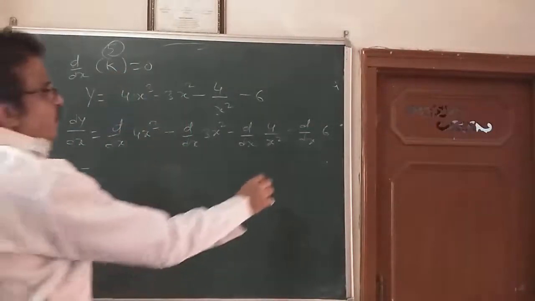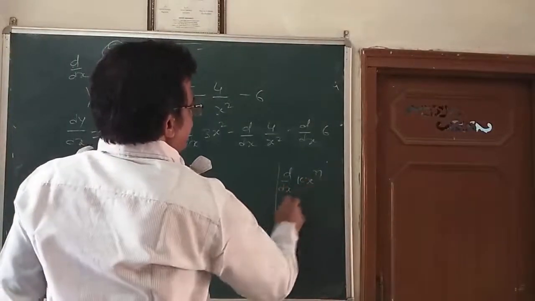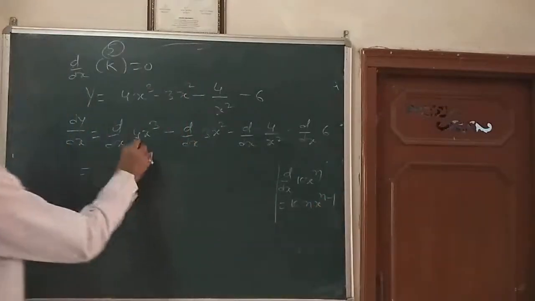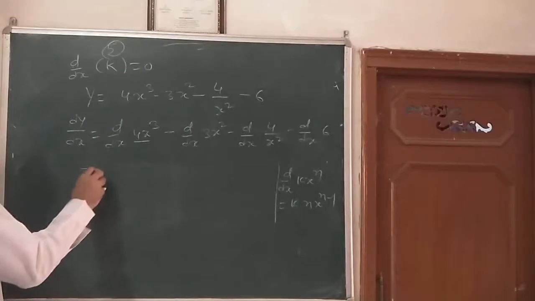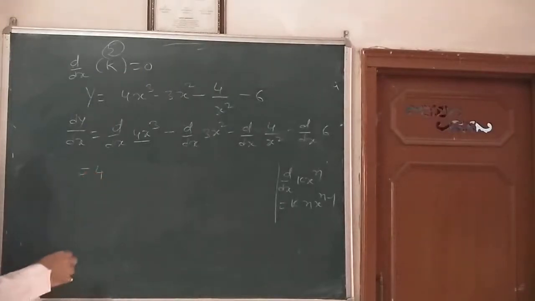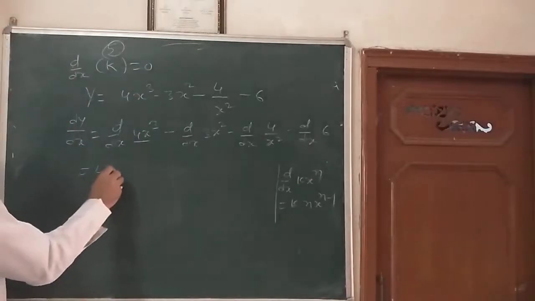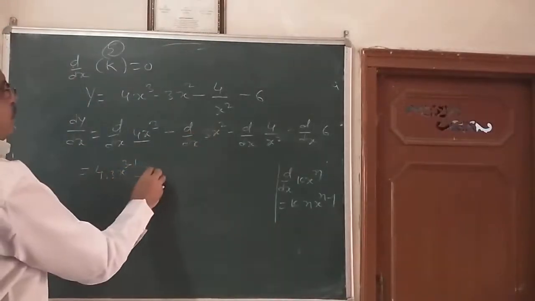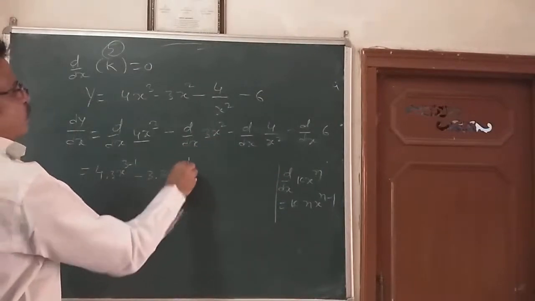We use that formula dy dx of k x to the power n, that is k n x to the power n minus 1. Here k is 4, so put 4. x to the power n, here x to the power 3, that is 3 x to the power 3 minus 1. Minus, this constant may be taken out, n is equal to 2, 2 x to the power 2 minus 1.